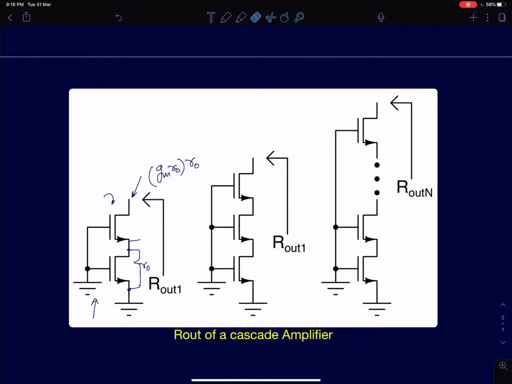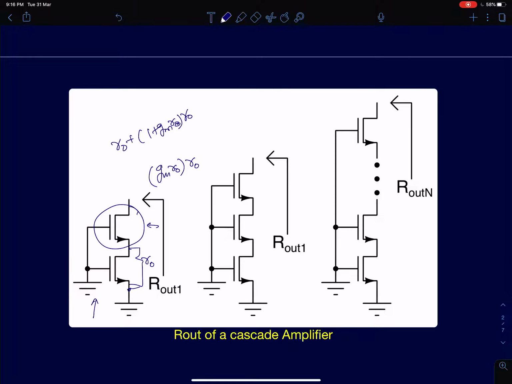So if this one here is R0, it's going to be R0 into 1 plus Gm R0 times R0. Okay, so here again, when we are approximating this result, you can actually treat this device as a source degenerated device with a degenerating resistance given by R0.